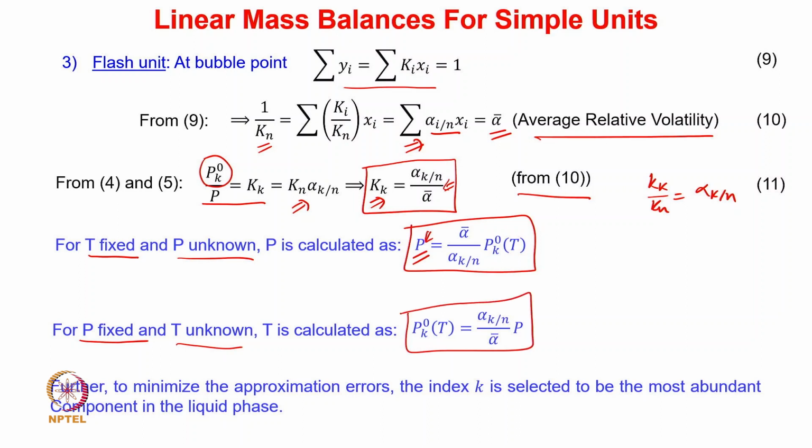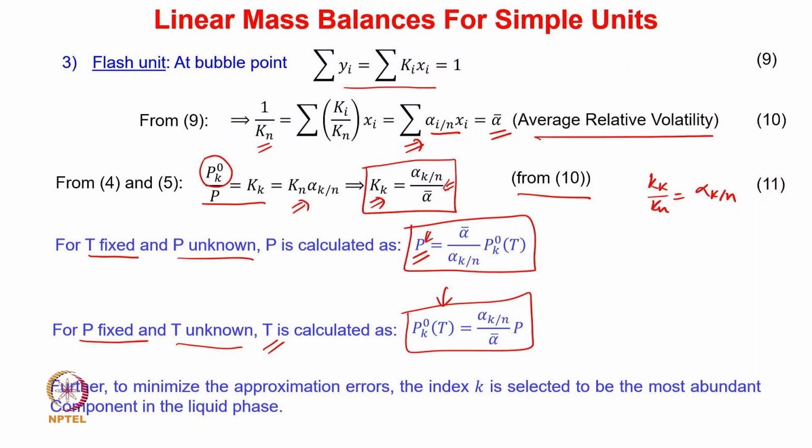So this equation will give me the vapor pressure, and we can use the Antoine equation here and find out what temperature is going to satisfy this particular vapor pressure, and in that way we can back calculate T. So clearly if P is unknown, we can assume a starting value of P, back calculate P using this equilibrium relation, and check whether that P is satisfying or not. Similarly, when T is assumed, we can back calculate T using this equation, and check whether the assumed value of T and the obtained value of T using the equilibrium relations are matching or not.